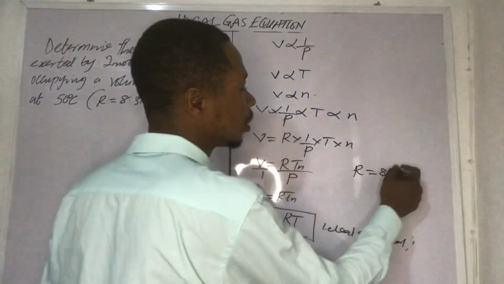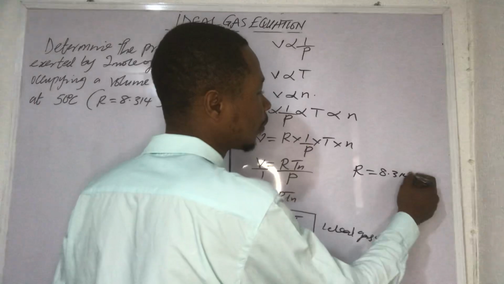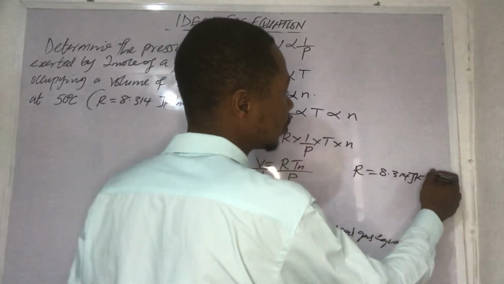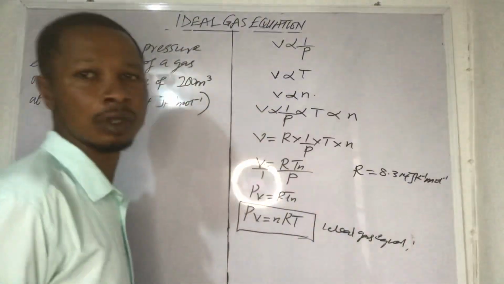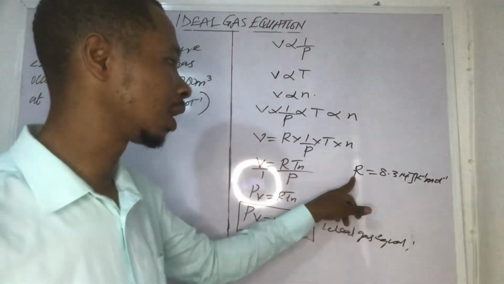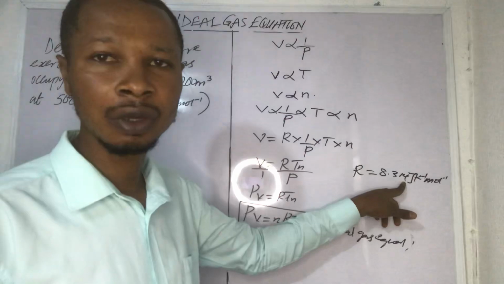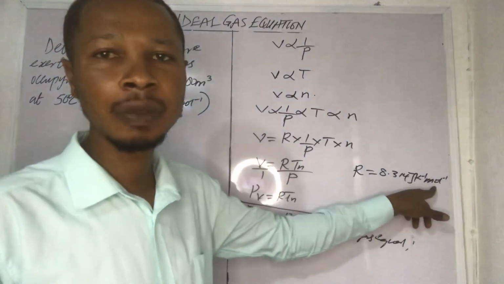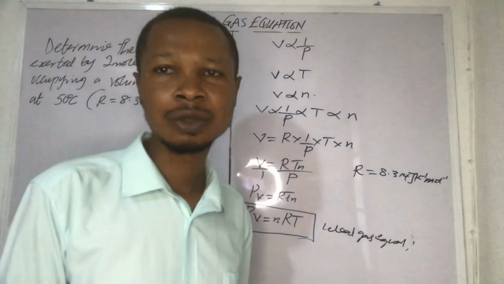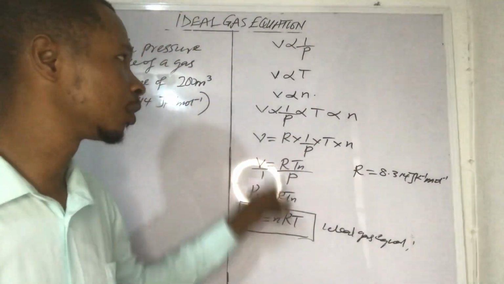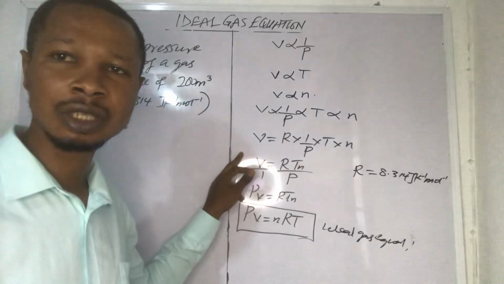R is given by 8.314 joule per Kelvin per mole. This is our molar gas constant. So this is what is referred to as the gas equation, and this is how it was derived.